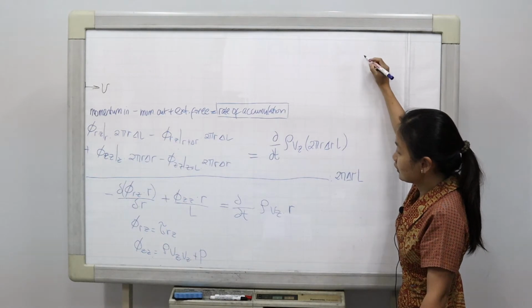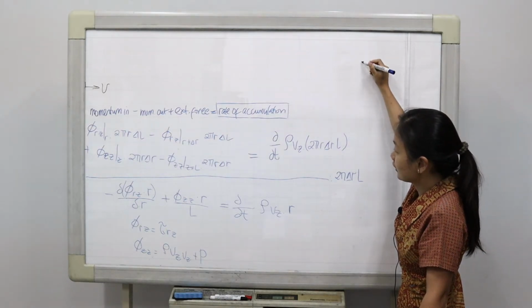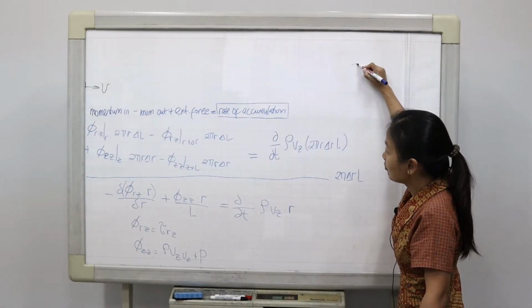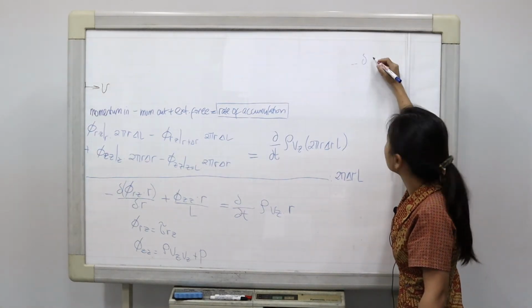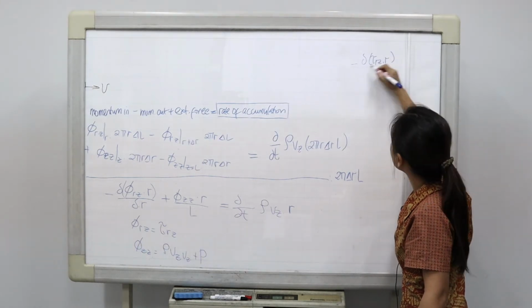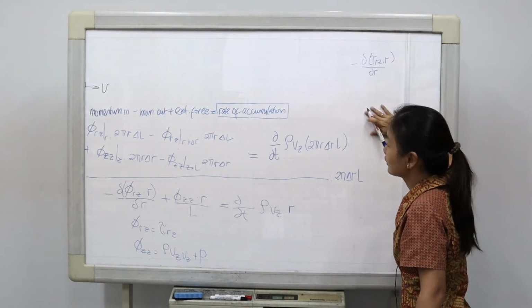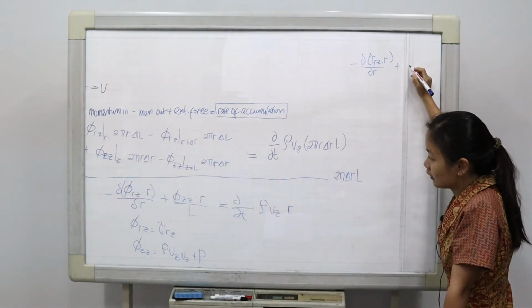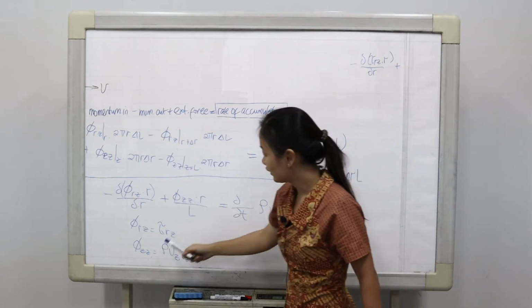So now I can write minus ∂(tau Rz r) over ∂r plus the vZz in and out.